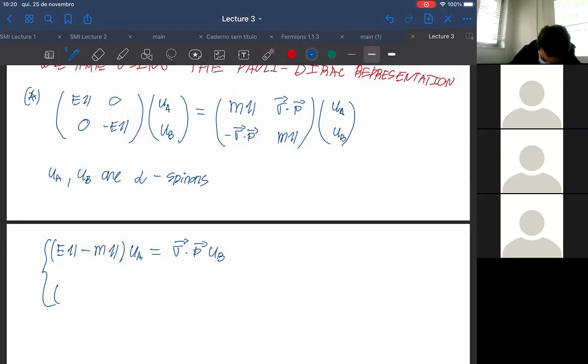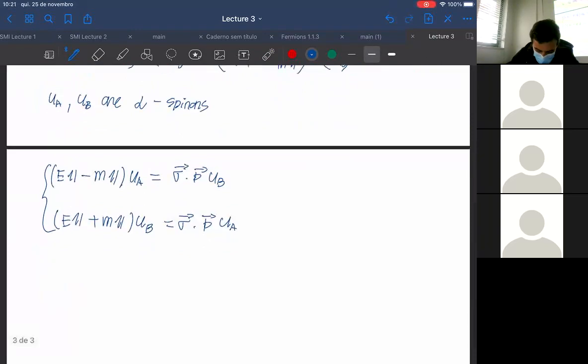So we have E times identity plus M times identity multiplying UB, equal to sigma dot P UA. Good.